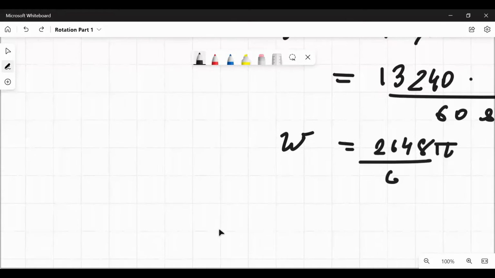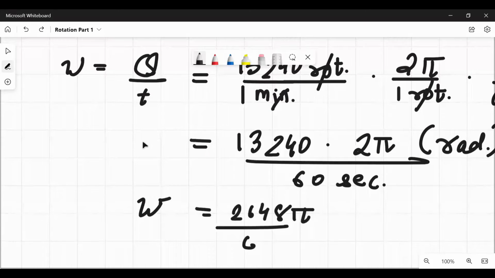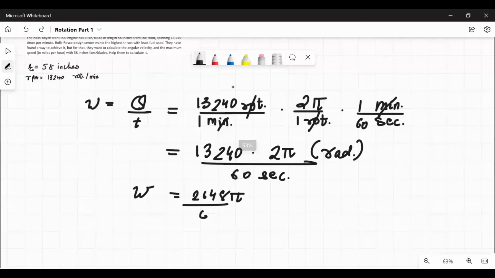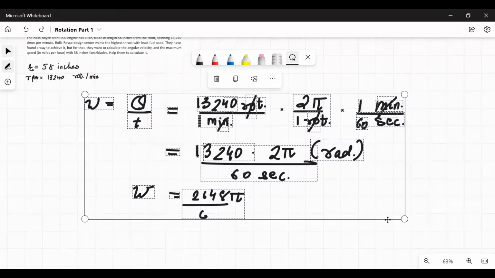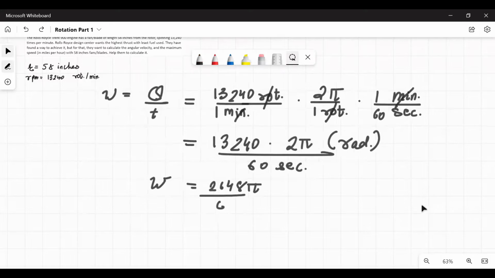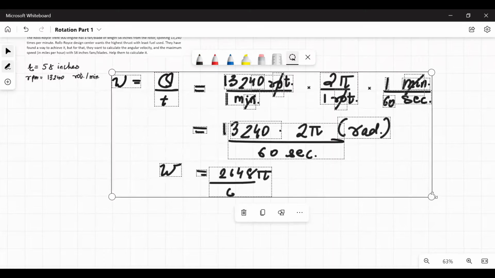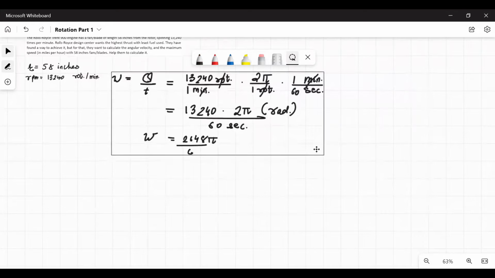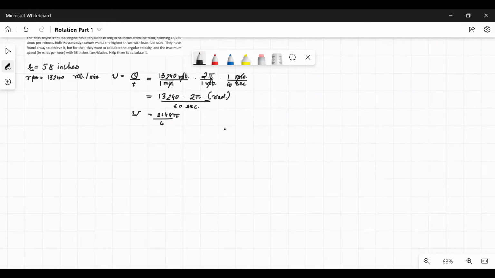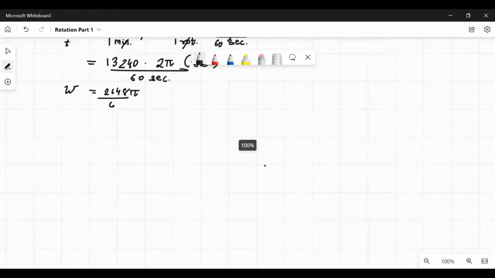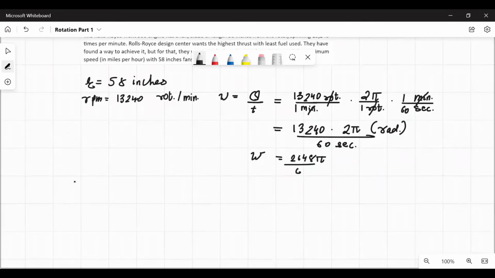Alright, now comes the main thing, which is speed. Speed is linear velocity. So I'm going to shorten this down again and keep this aside for now. Now let's do speed.